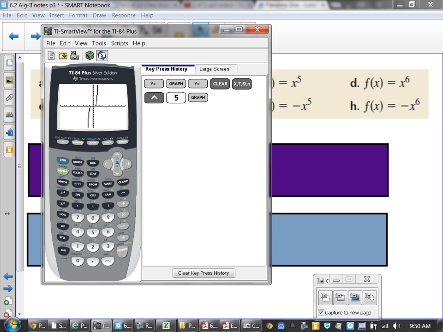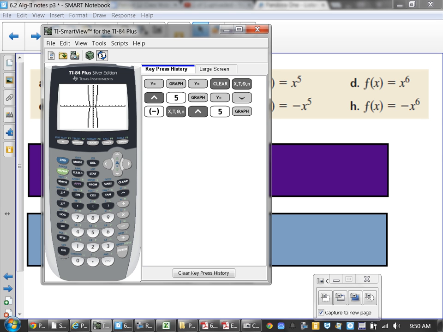Now, what I want to do real quick is go back to your y equals and do y equals negative x to the 5th. Do you guys know how to turn graphs on and off? Let me show you this. If you hit graph, you'll have two curves, and you don't want to see both at the same time.